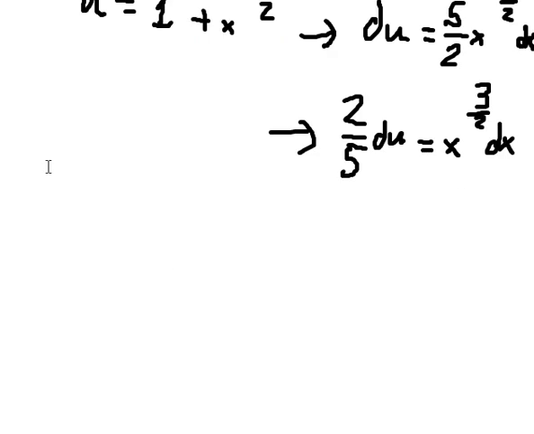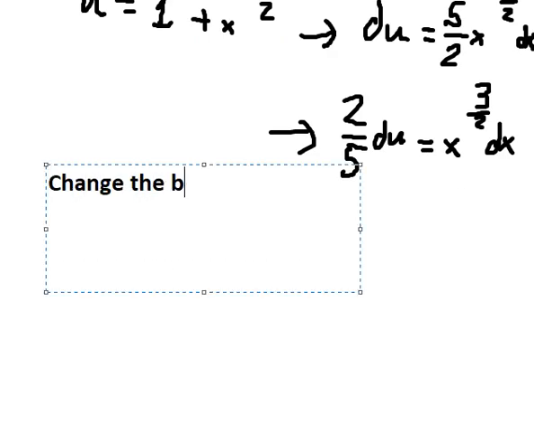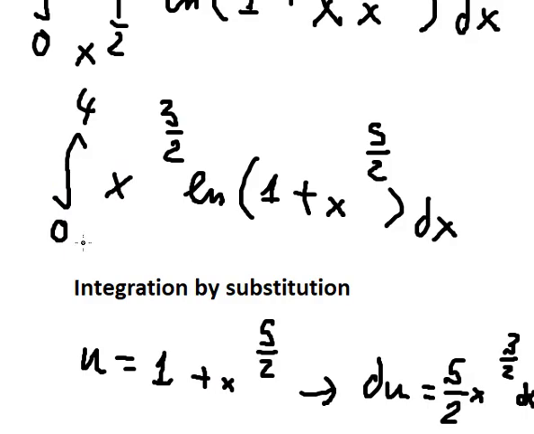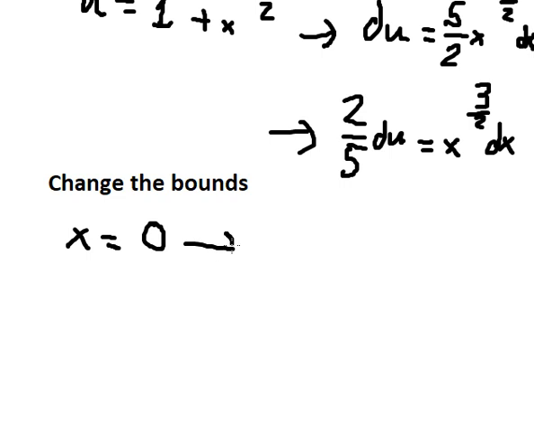Next, we need to change the bounds. When x equals 0, we put 0 in here to find the value of u, so u equals 1.